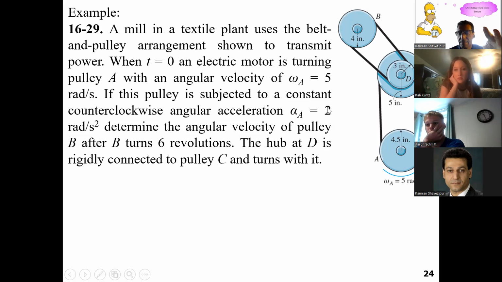At the end, you want to see how much is omegas and everything, but where is the end? The end is when B rotates 6 revolutions. So some information is given about A, and the angular displacement is given about B.